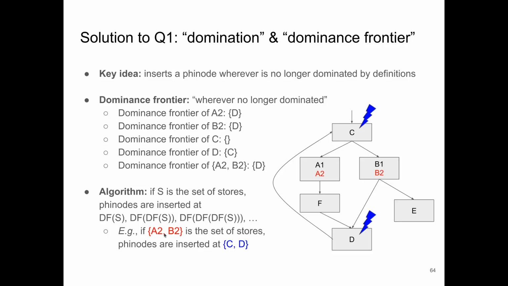Let's say S is the set of the stores to a location that is promoted in the mem-to-reg, and the phi should be inserted at such locations. It should be inserted at the dominance frontier of S and the dominance frontier of the dominance frontier of S, and so on.